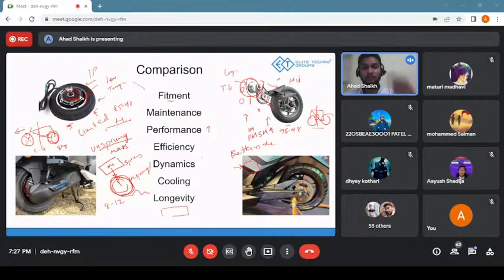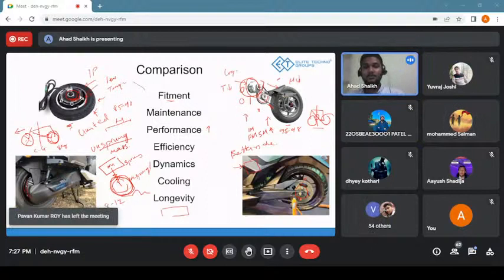The vehicle has already slowed down when the front wheel comes in contact with the speed breaker. If you are riding at a very high speed, let's say, and it hits the bump, it could result in a hazardous situation. So that's why it is not preferable to put it in a front wheel basically.